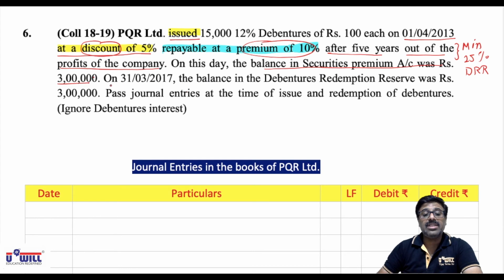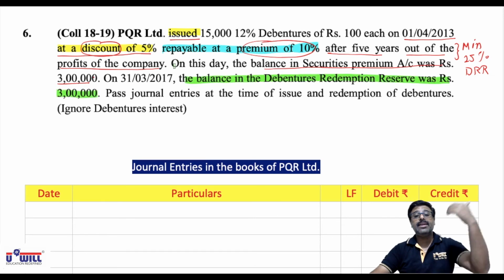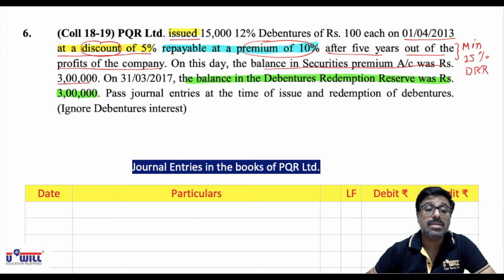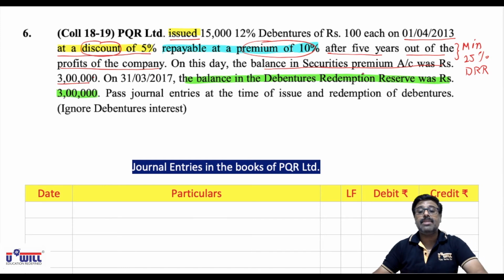Now on 31st March 2017, the balance in debenture redemption reserve was rupees 3 lakhs. Means we have already created debenture redemption reserve in the past. With what amount have we created the debenture redemption reserve in the past? 3 lakhs. But what is the company law condition? We have to create how much amount? 25%.